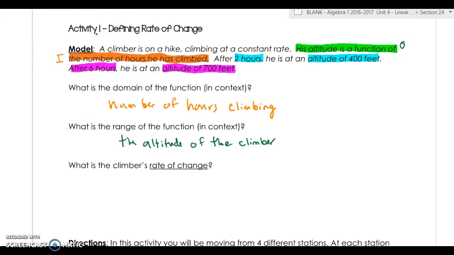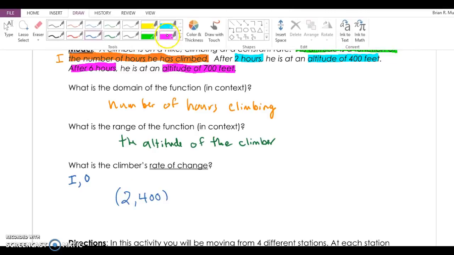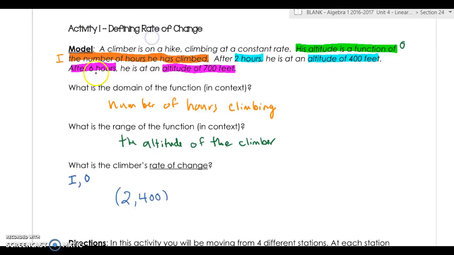So I'm going to write these numbers down. And when I write my ordered pairs, I'm going to write it as input, comma, output. So the input in this case is our time. So at this ordered pair, you have 2 and 400. There's my first input and output pair. I'm going to do the same thing for my next pair, which is at 6 hours and 700 feet. So that would be 6 and 700.